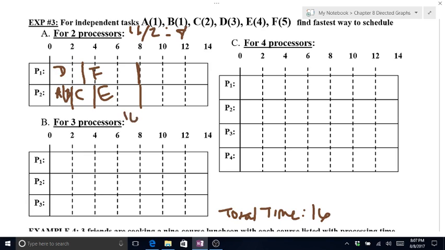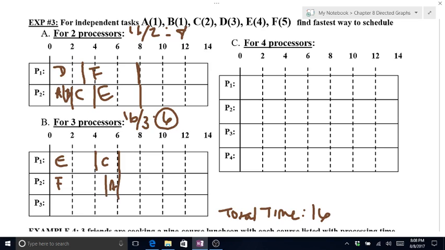3 processors, 16 divided by 3, that's 5 point something, so 6. Okay, so 6 minutes, we can put E and C together. E and C. F goes 5 minutes.